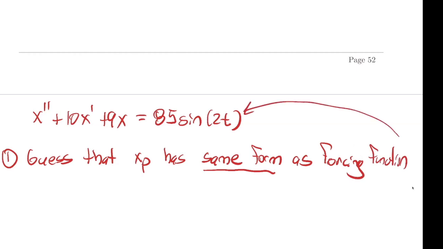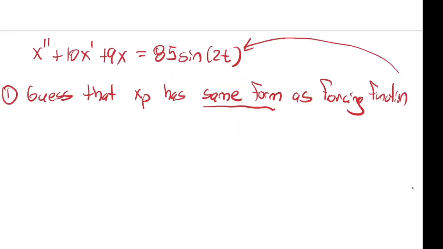Okay, and that's what I mean by the forcing function. So if our forcing function is trig with a 2 inside, we can guess A sine of 2t plus B cosine of 2t.